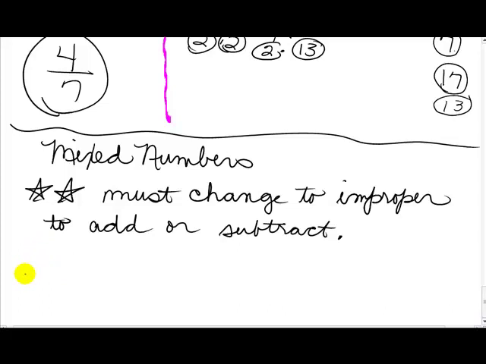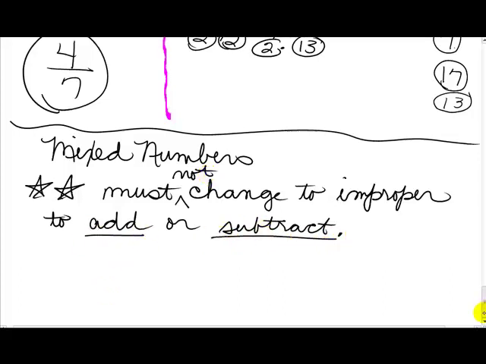No, what am I saying? We must not change to improper to add or subtract. We do that to multiply or divide. Now we're going to multiply or divide in a little bit. Let's add or subtract first. That's what we did with our fractions. Then we'll go back and we'll look at multiplying for both. Mixed numbers must not change to improper to add or subtract. It wastes time.